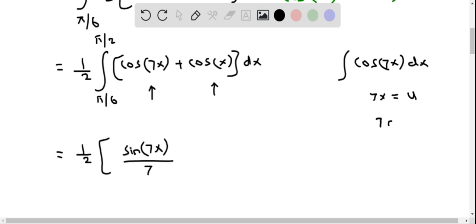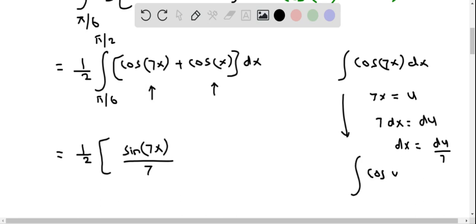So 7 dx equals du, and this means dx equals du over 7. So this expression becomes cosine of 7x equal to u, cosine u, and then dx is replaced by du by 7. We factor the 1 by 7 out of the integral and then write du.